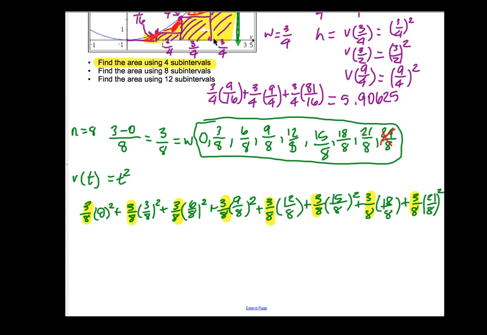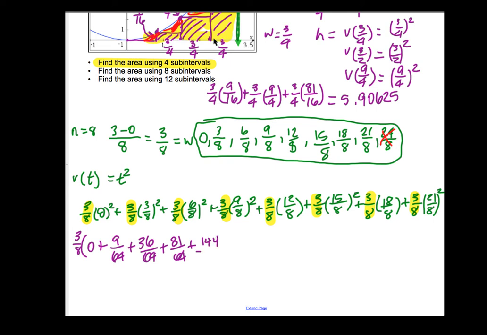We can factor that 3/8 out. And so then we're just left with 0 squared plus 9/64 plus 36/64 plus 81/64. And so it's just a little bit easier to actually punch into your calculator.